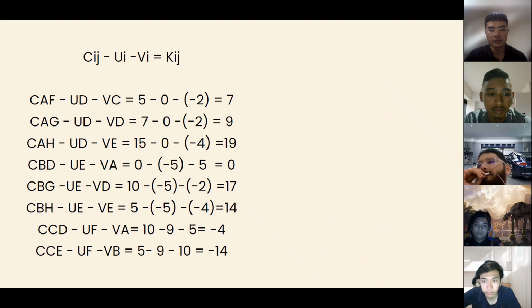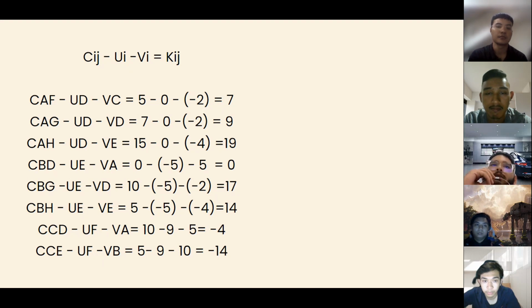So this is to find Cij minus Ui minus Vj, which gives us the evaluation for each cell. CAF minus UD minus VC: we just substitute everything in, the answer is 5 minus 0 minus negative 2 equals 7.